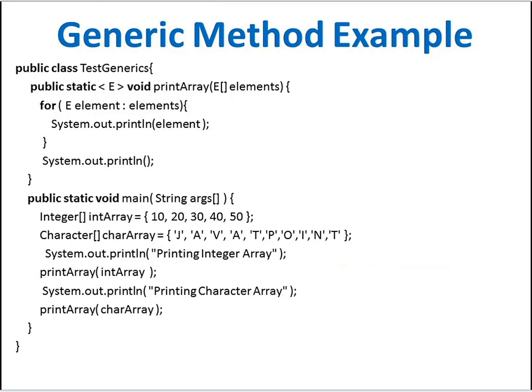Then System.out.println printing character array, printArray character array. If you just see here, printArray integer array and printArray character array: in this we are passing the integer and character array. This integer array becomes the placeholder for your generic method, same as for the character array.